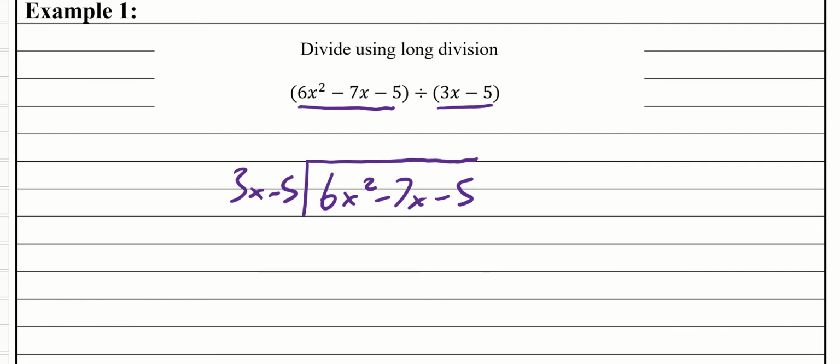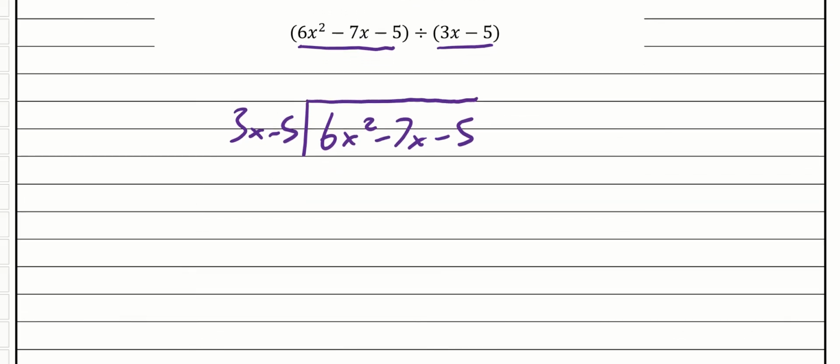Now the way that we use long division with polynomials is we look at the first term on the outside, and we ask, what do I need to multiply it by to match the first term on the inside? So what do I need to multiply 3x by in order to get 6x squared?